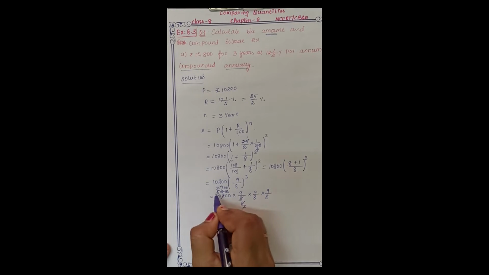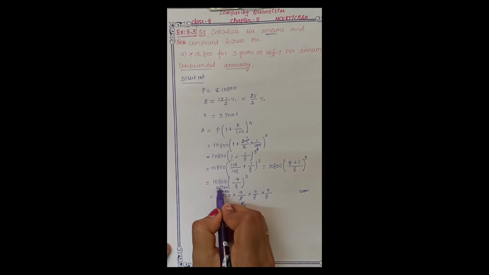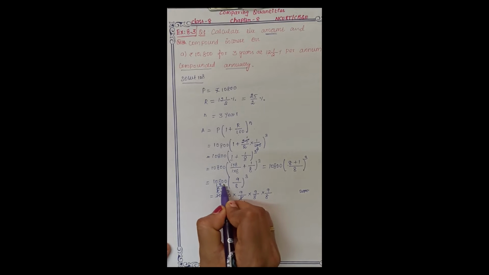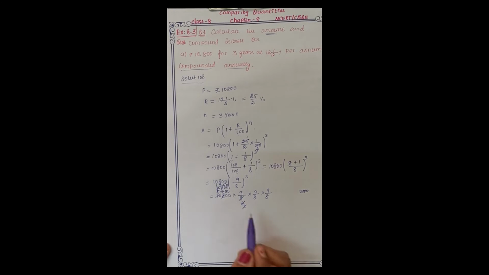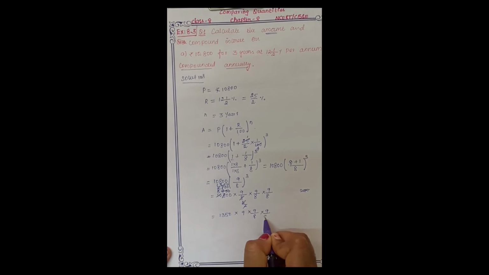So we have 2,700. 1 twos are 1. 3 twos are 6. 5 twos are 10. 1350. So next here we have 1350 into 9 into 9 by 8 into 9 by 8.